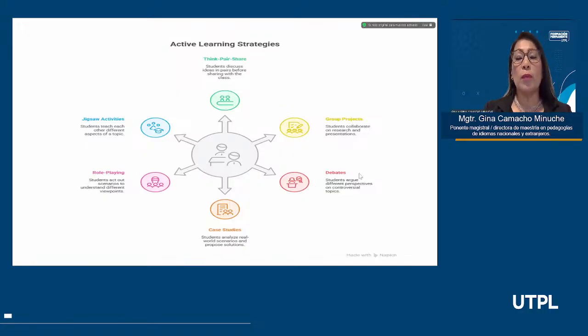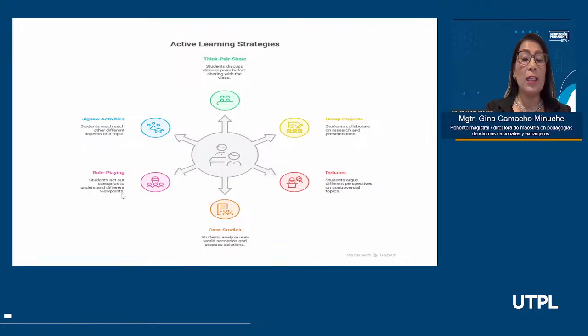You can also propose some debates. Students argue different perspectives on controversial topics. You can come up with a topic that maybe is in fashion and students know a little bit and start the debate. Case studies, as I was mentioning before, students analyze real-world scenarios and propose solutions.